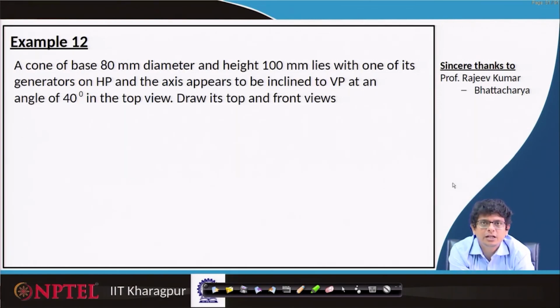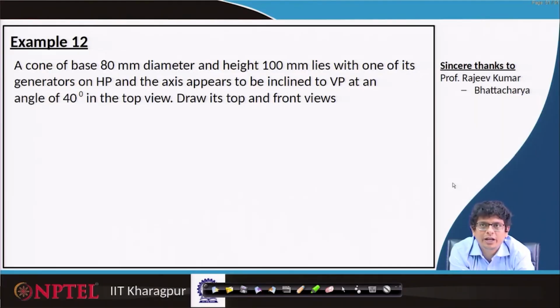Now, let us look at the last example. Here, a cone of base 80 mm diameter and height 100 mm is lying with one of its generators on the horizontal plane. So, a cone generator has to be on the horizontal plane and its axis appears to be inclined to the vertical plane.